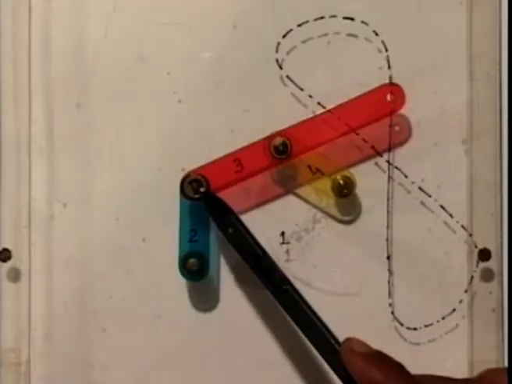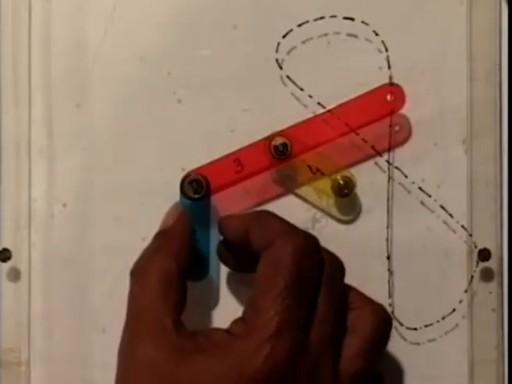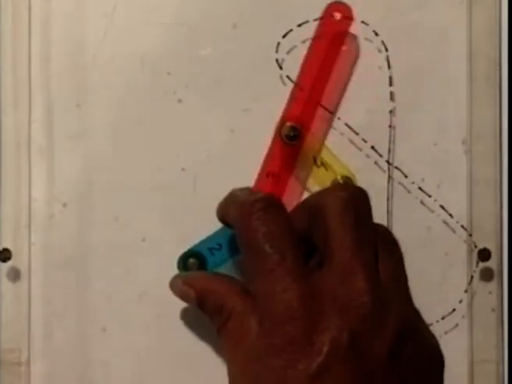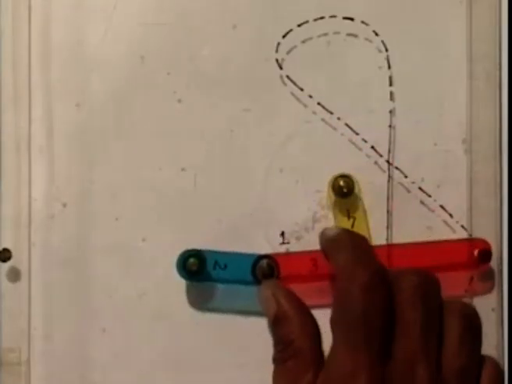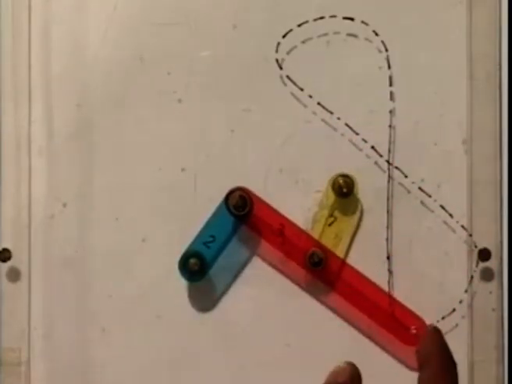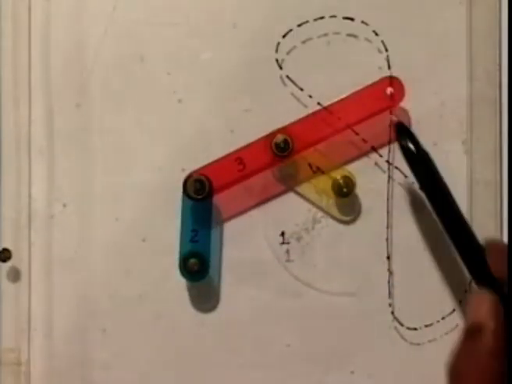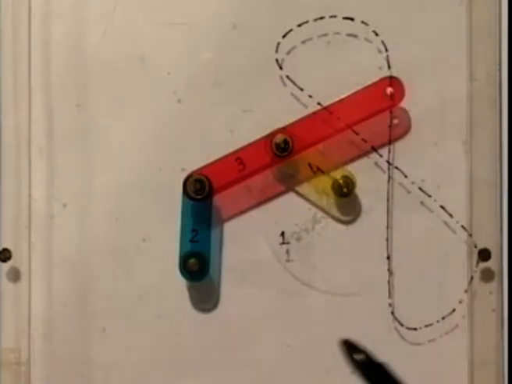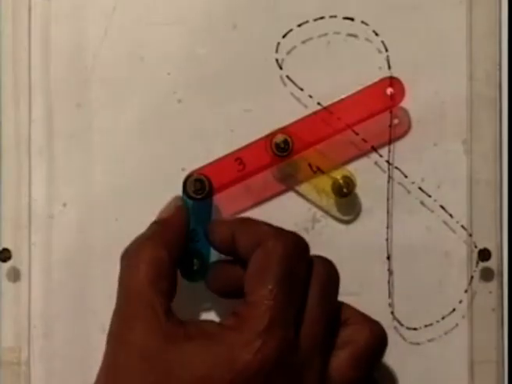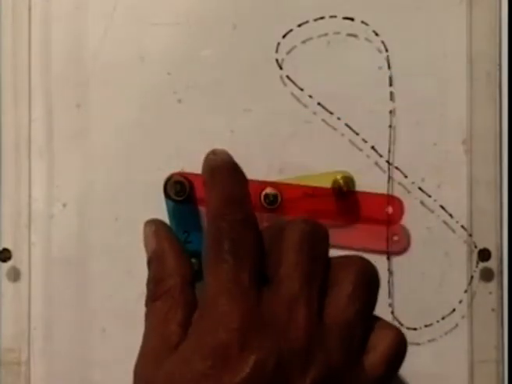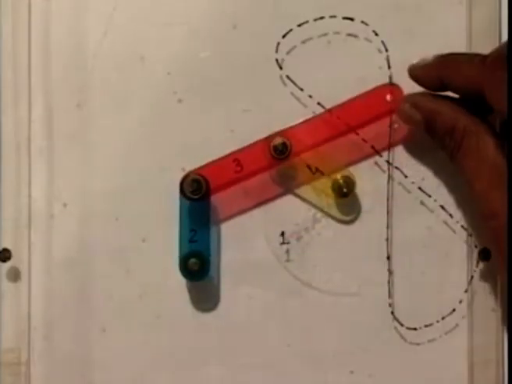With the proportion of the link lengths, as I said earlier, as this mechanism moves, this coupler point generates this figure of 8, in which from here to there, this portion is a very good approximation of a straight line.